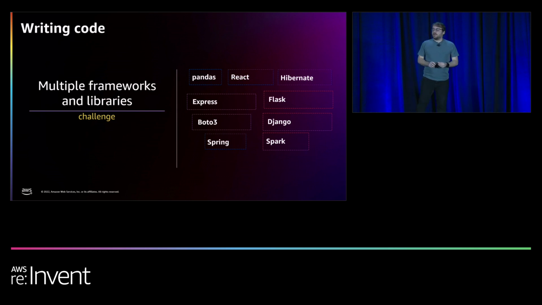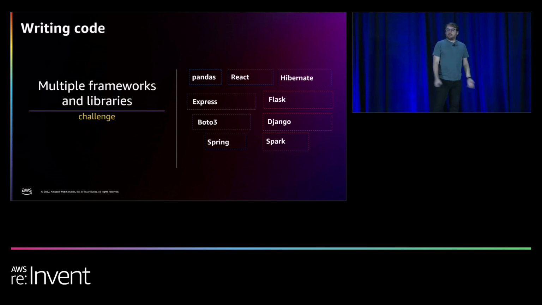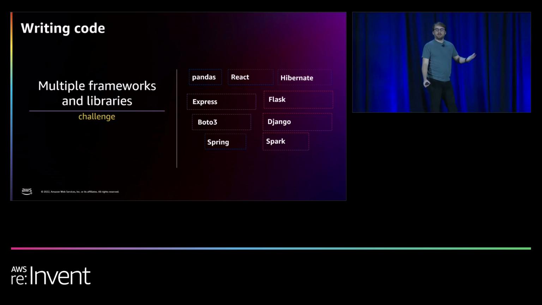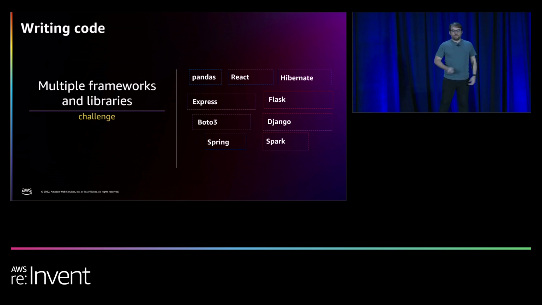And another challenge we have is dealing with multiple frameworks and libraries. It could be that you're not very knowledgeable about some of those frameworks or libraries you have to use to build your applications. But it could also be that you struggle to remember certain features, like a familiar library that you use on a daily basis, maybe because you're actually implementing a corner case.